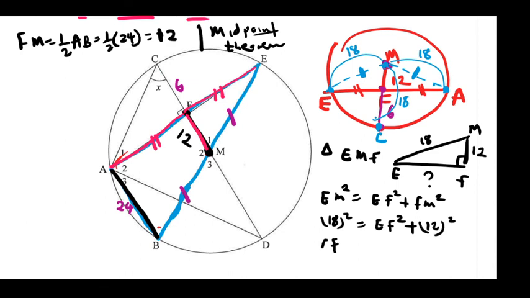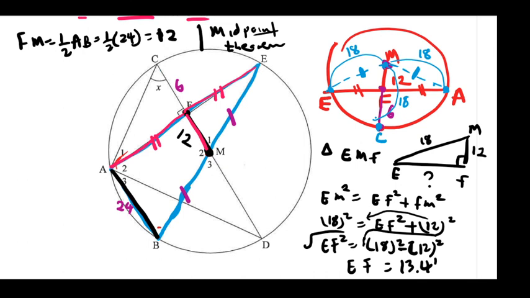So EF squared is equal to 18 squared minus, because we're going to transpose this to the other side, 12 all squared, and then you put the square root both sides. EF is supposed to give you an answer of, let me see what I wrote here, 13.416 units. Yes, this is what you need to get.